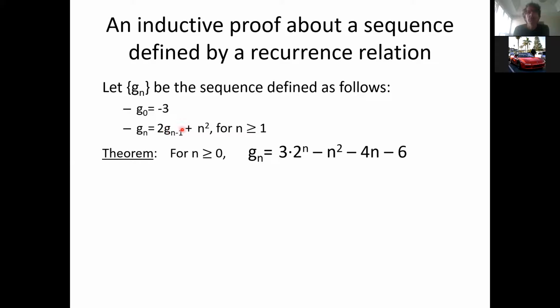And it is helpful to know that there are methods to go from this to, can you estimate what this is for any n? Does it behave like a quadratic function? Does it behave like an exponential function? And it does. Okay. So let's see how to prove this.